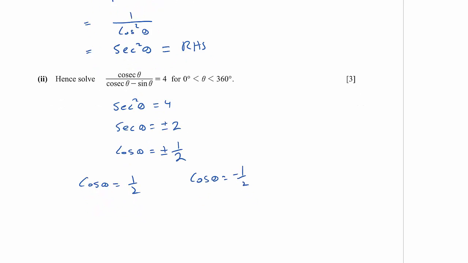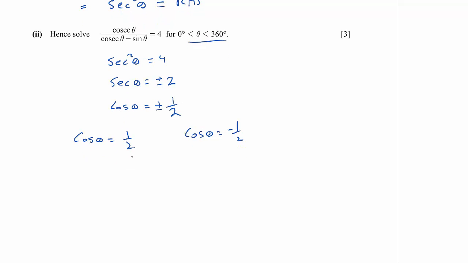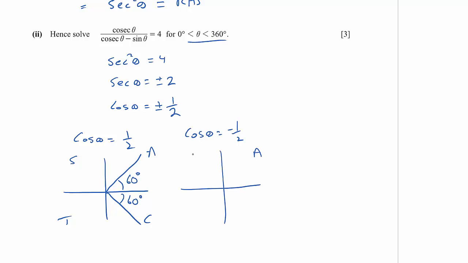Now this is a standard angle. We're in degrees here. Cosine of 60 is a half, that's the principal value. So we've got 60 degrees here, and ASTC, the other place where the cosine is positive is down here. And then with this one, it's going to be the S and the T quadrants.